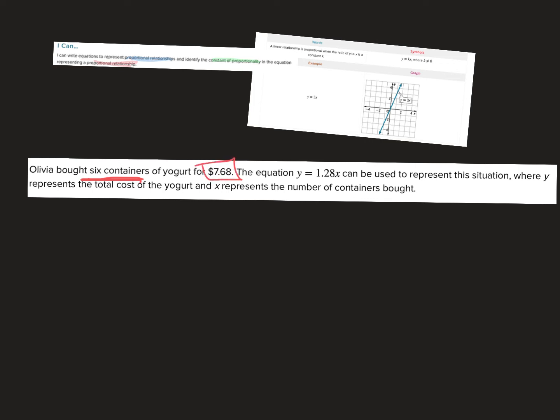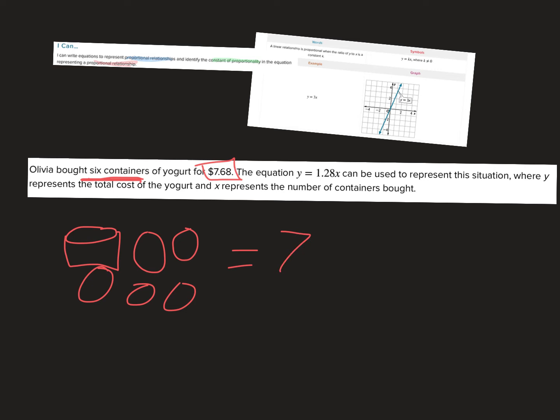We have yogurt, and we have 6 of them, and they are equal to $7.68, which means I'm taking that $7.68 and splitting it up between each one to figure out the cost.